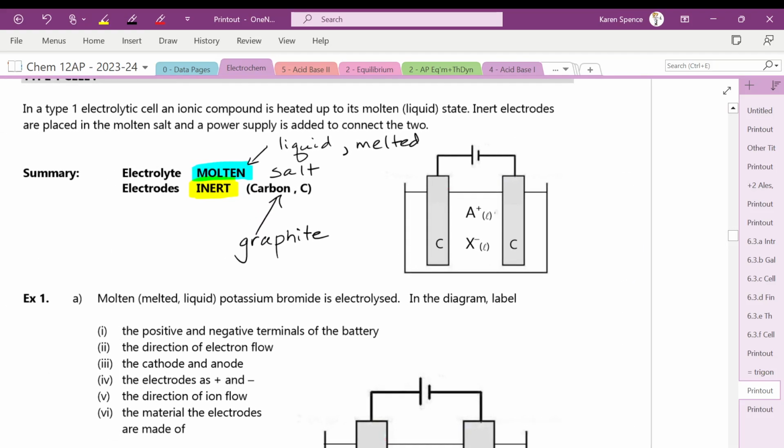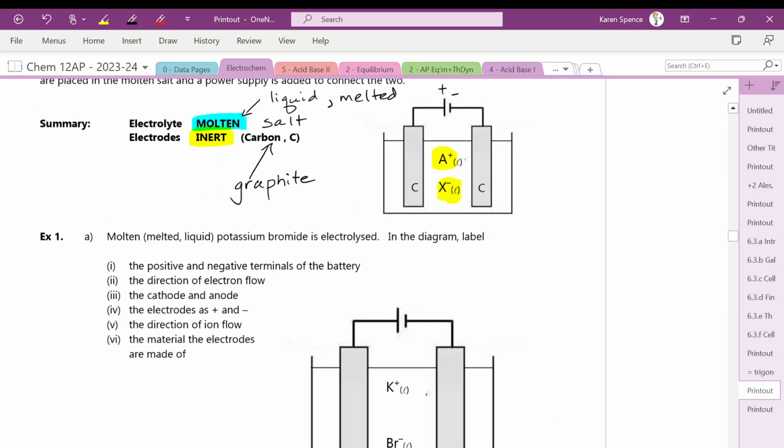So you have just the ions. You have your carbon electrodes. Could you please label the positive and negative terminal on that battery? Big one is positive, little one is negative.